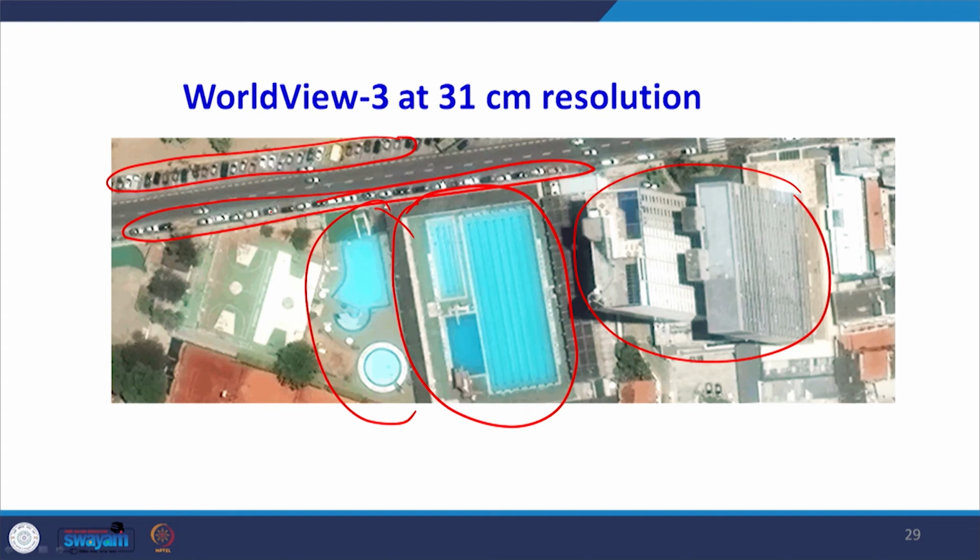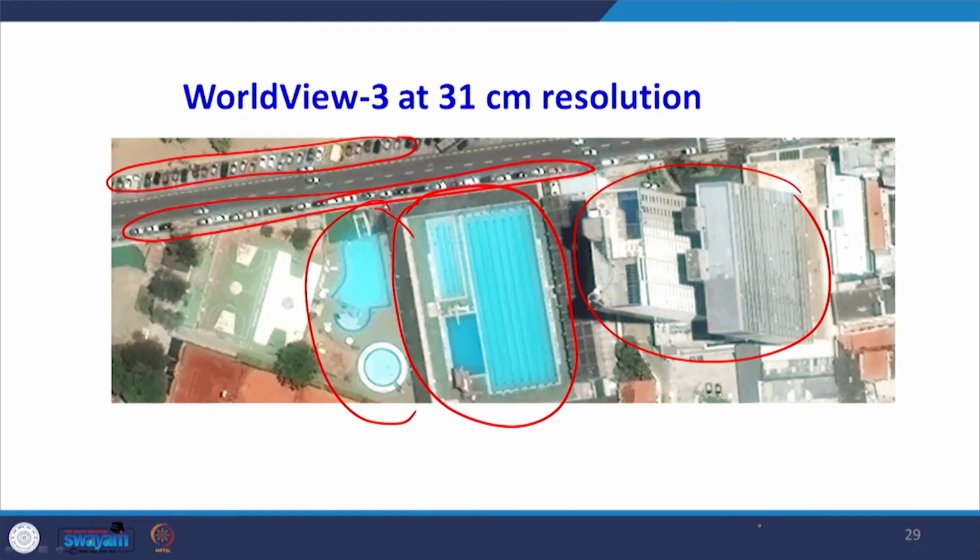Now, there are studies available where people have further classified the cars into different categories. They have tried to even identify the make of the car, which company's car this is, looking at the size and the shape also. So, it was possible to carry out those detailed investigations with the help of such 31 centimeter resolution data, which was not available earlier.